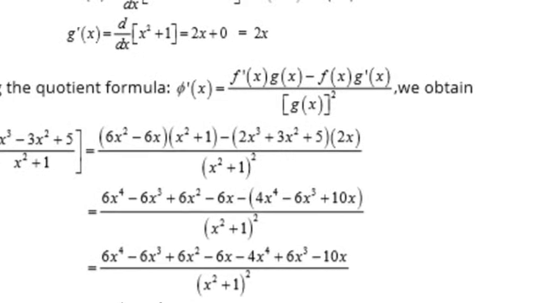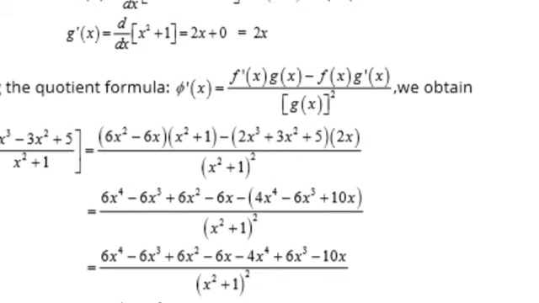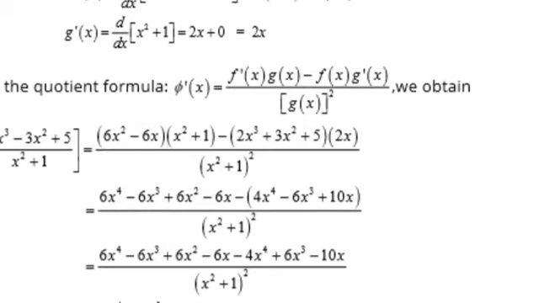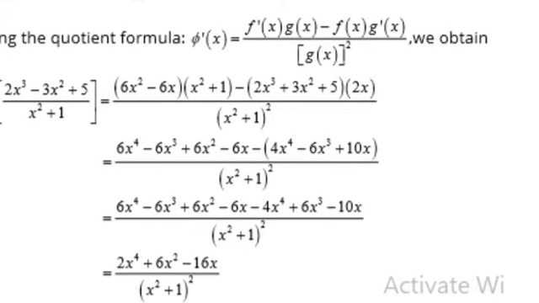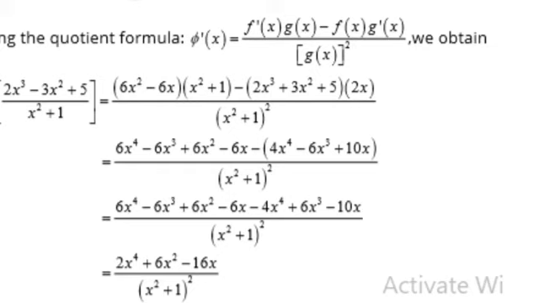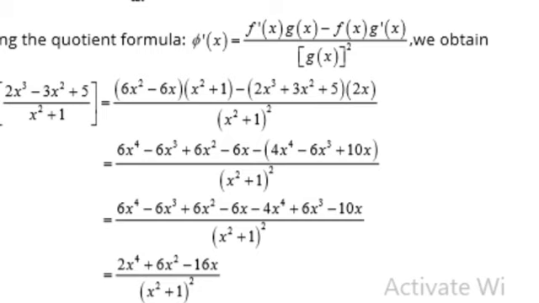Here we have its formula. F dash of x means the derivative of the numerator multiplied by the denominator minus the numerator multiplied by the derivative of the denominator, divided by the square of the denominator. These are the five formulas for today. Learn these formulas and apply them on these examples.